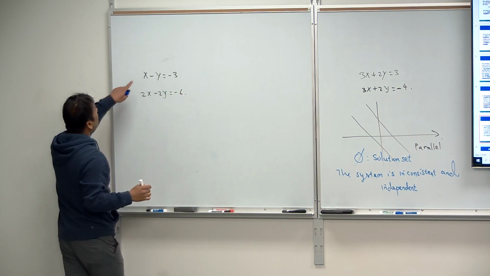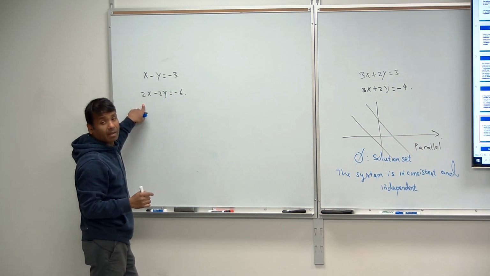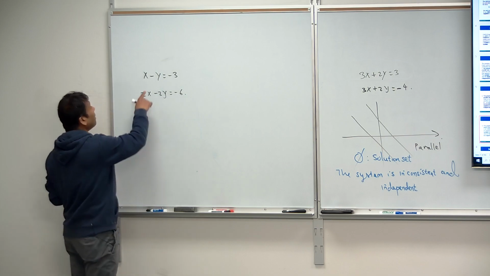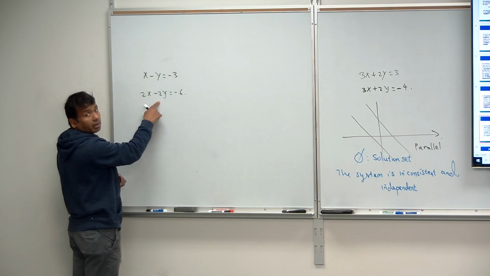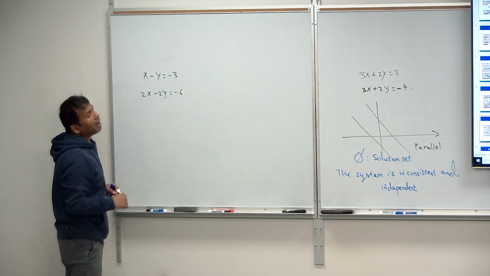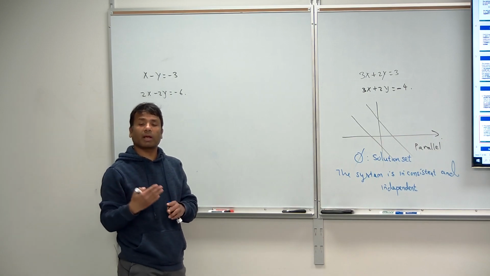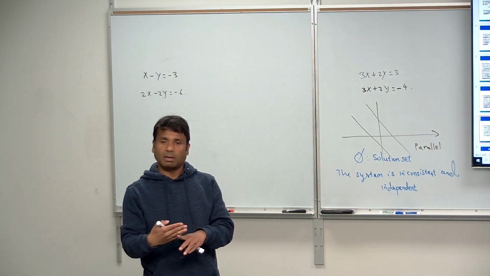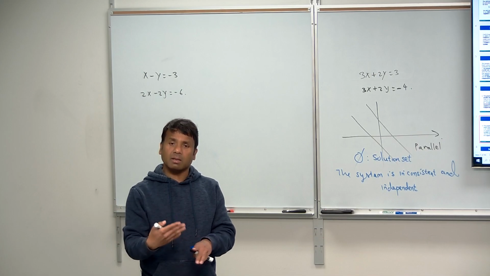You see this equation and this equation are the same equation. If you multiply this by 2, you get this one, right? That makes sense? And if you draw the graph, what will happen? You will get the what? Same line. The graphs are the same line.